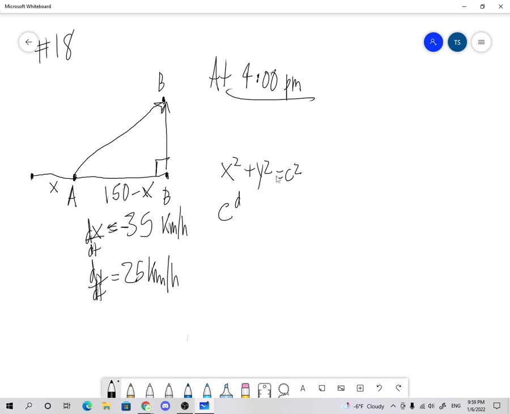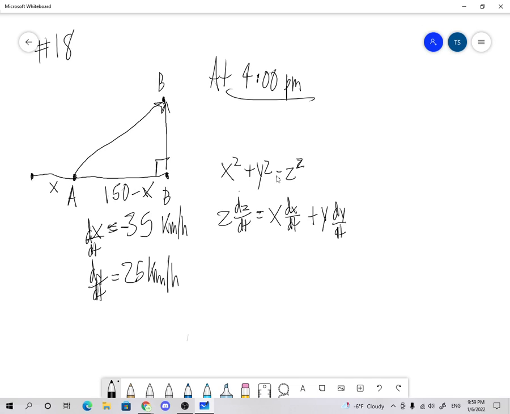For simplicity's sake, I'm just going to write it: c dc/dt. And I'm writing c, but this should technically be z. So I'm going to rewrite that in terms of z: z dz/dt is equal to x dx/dt plus y dy/dt.